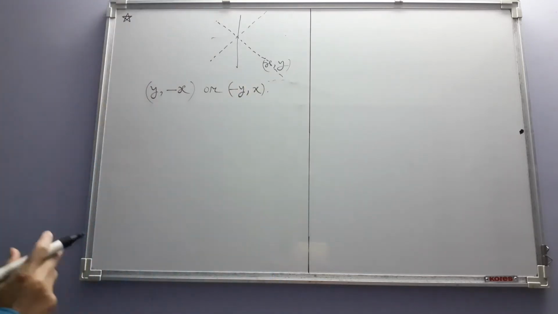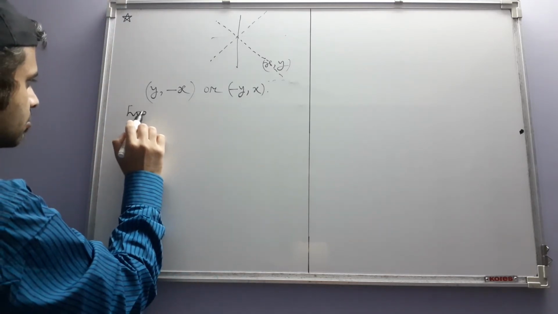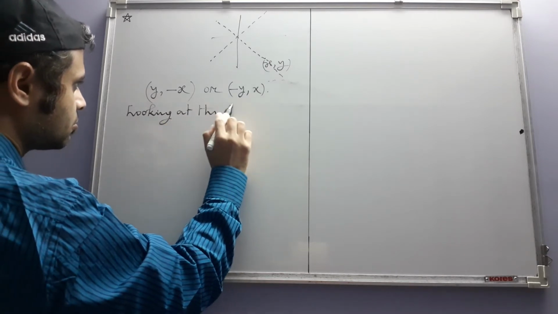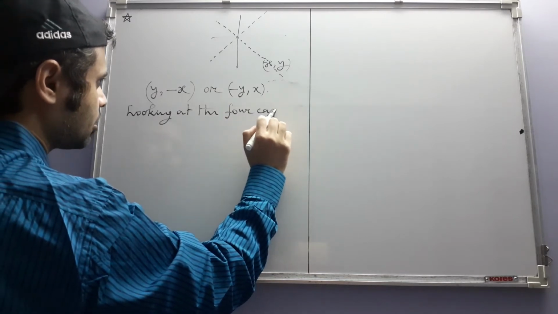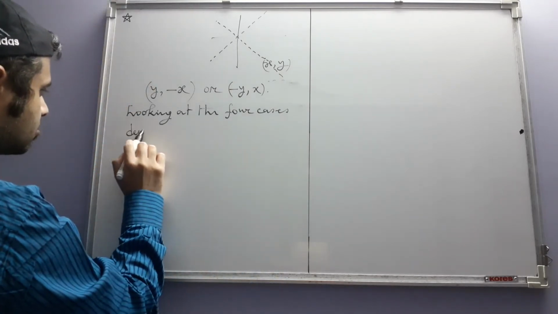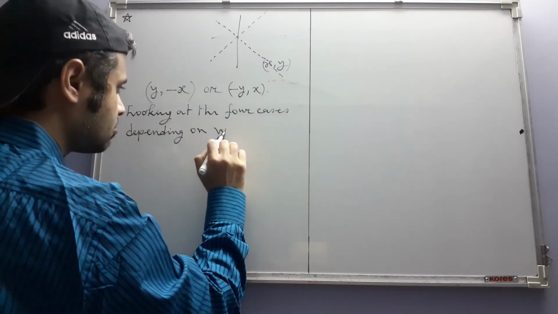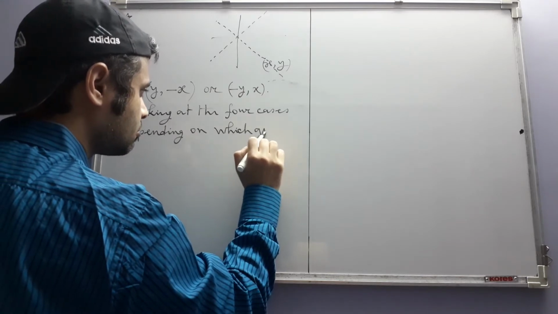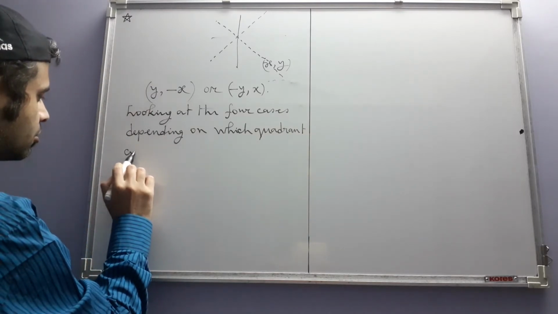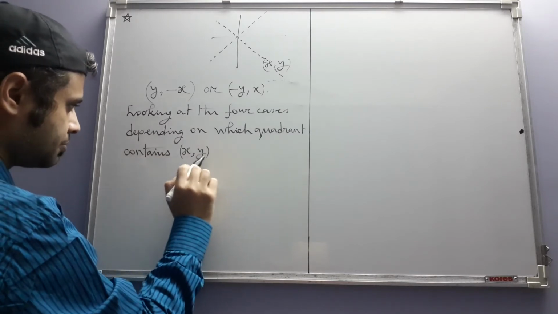So after this, in the solution you write this. Looking at the 4 cases, depending on which quadrant contains our given point.